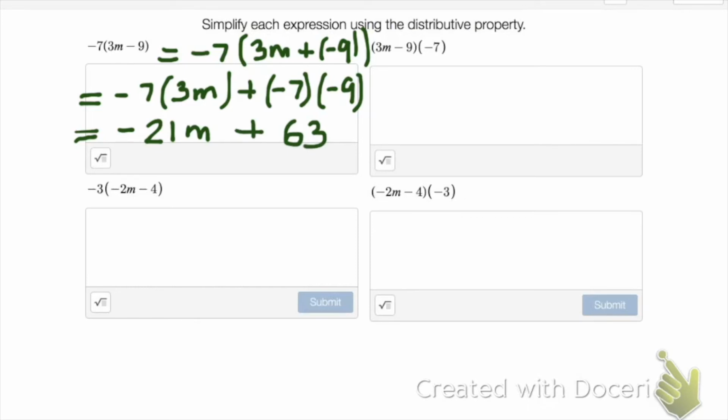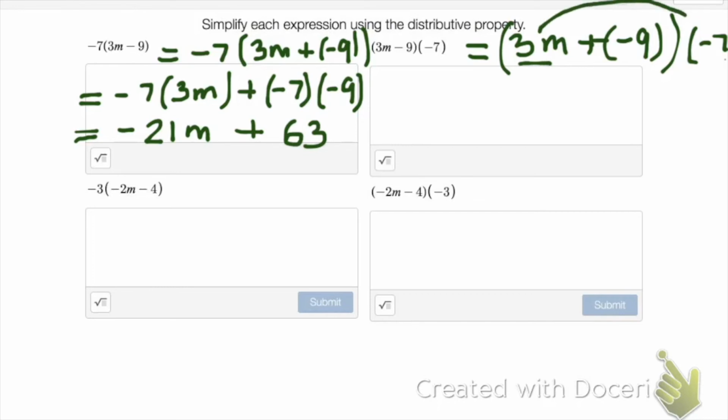Okay, so how can we deal with it when the negative 7 goes to the back? We're going to rewrite the same thing, 3m plus negative 9, and then multiply with negative 7. We take the first term, 3m, multiplied by negative 7.